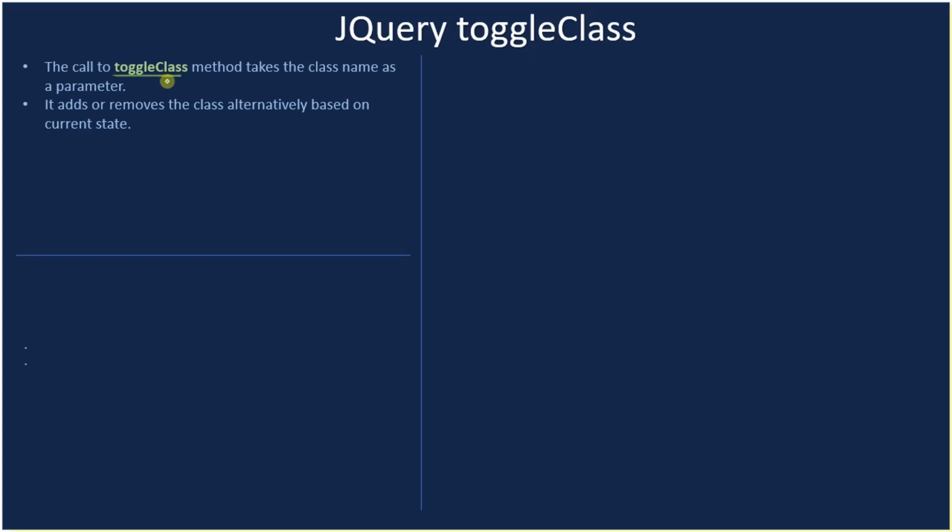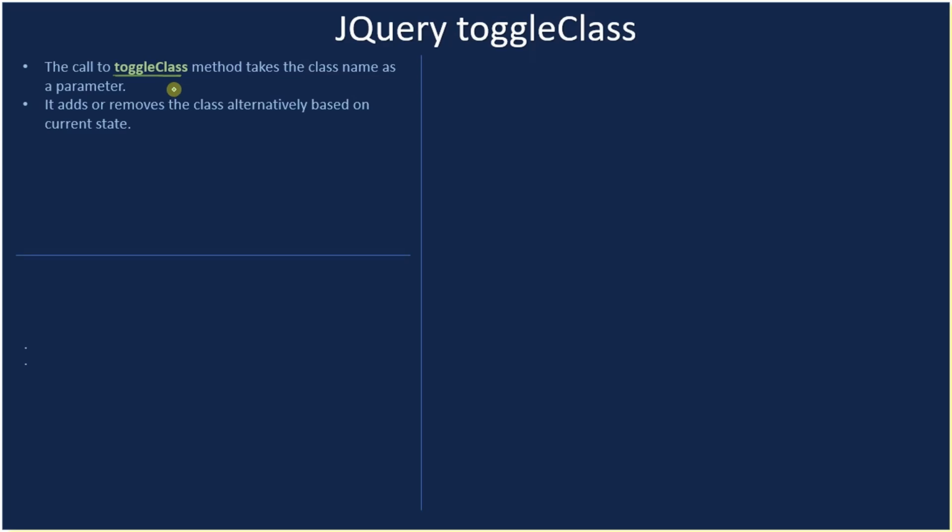So toggleClass adds or removes the class alternately based on the current state. Say, for example, let us consider a paragraph, and if the paragraph tag contains a class attribute called ABC, when you make a call to toggleClass, it will remove the class ABC.